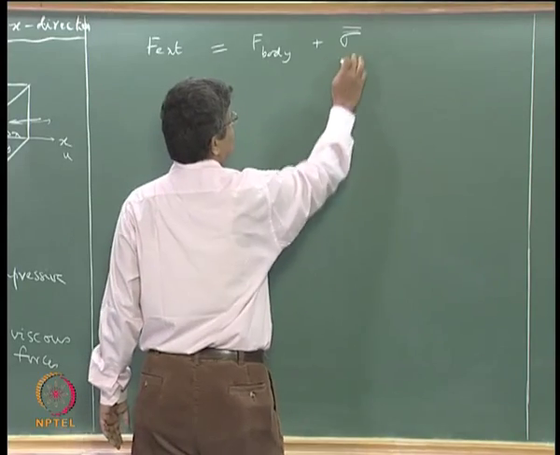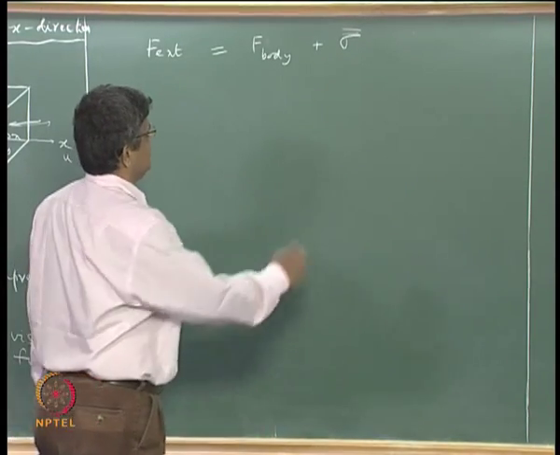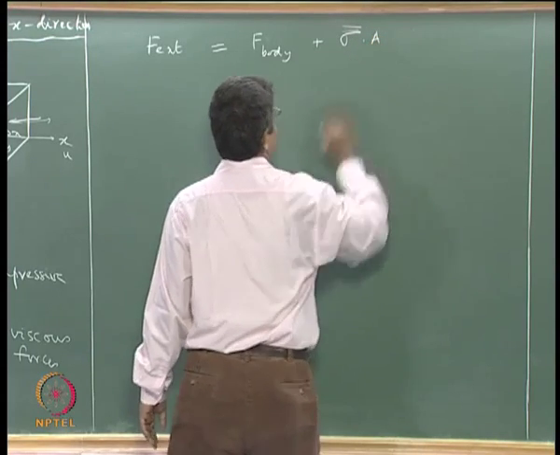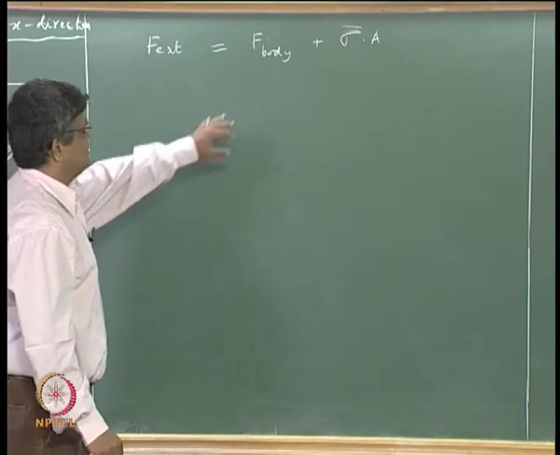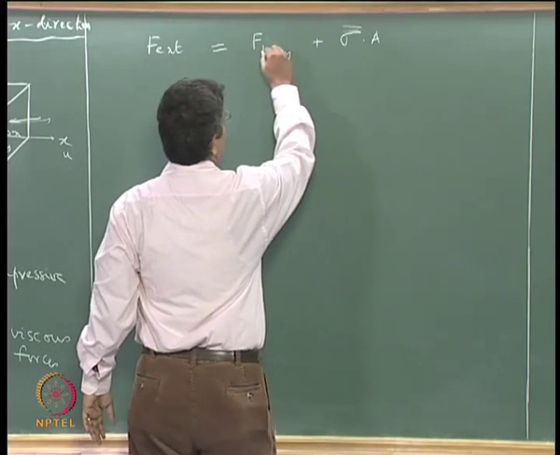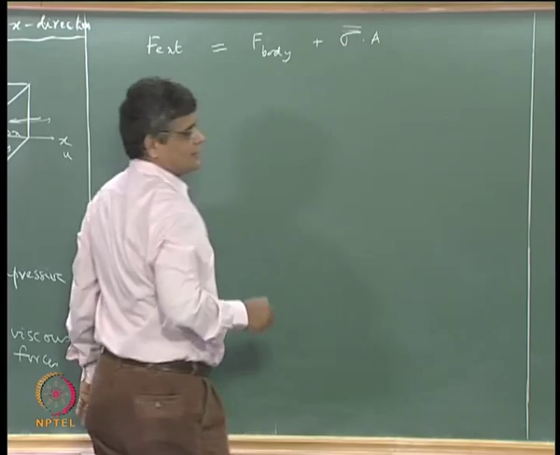Now we have to be careful with the stress, because stress times a particular area is what will give rise to a force here. So we have a body force and a stress.